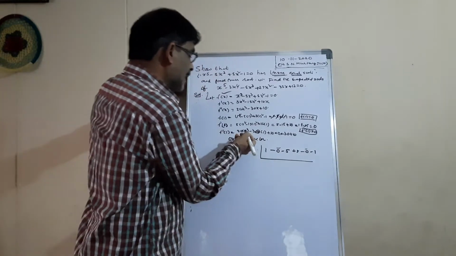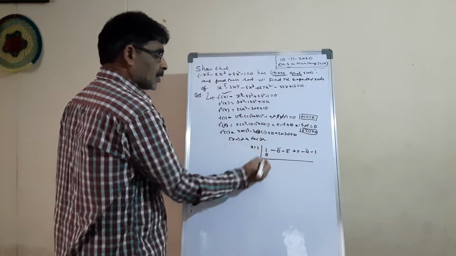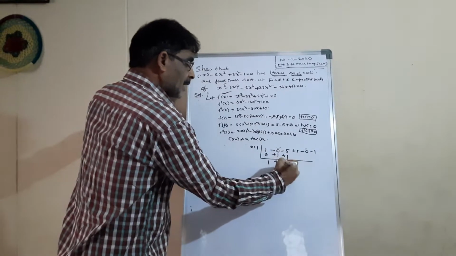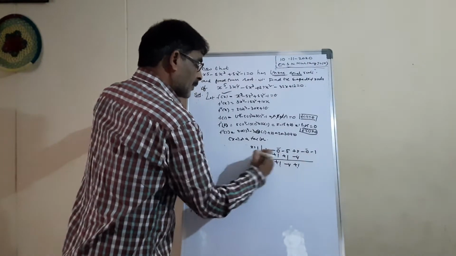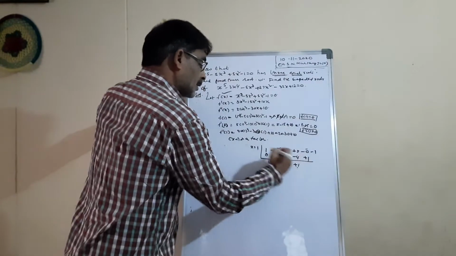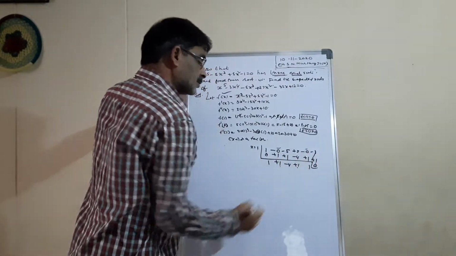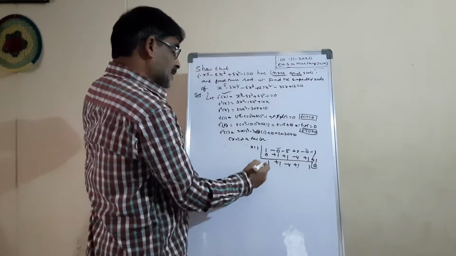We already have 1 as a factor, so we put 1. 1, plus 1, again plus 1, minus 4, again plus 1, cancel. What is the equation?